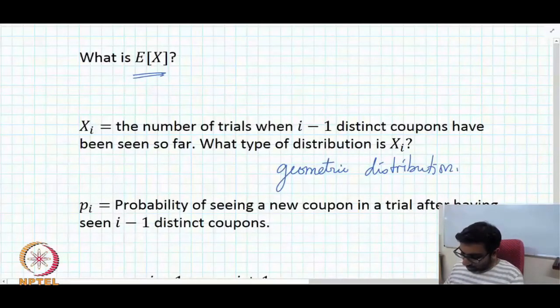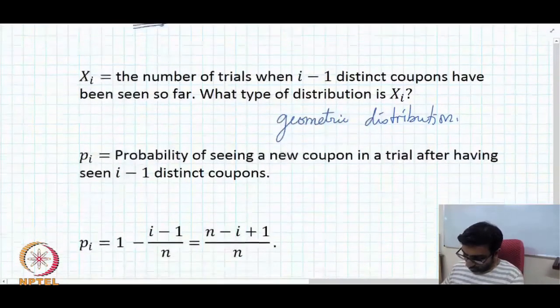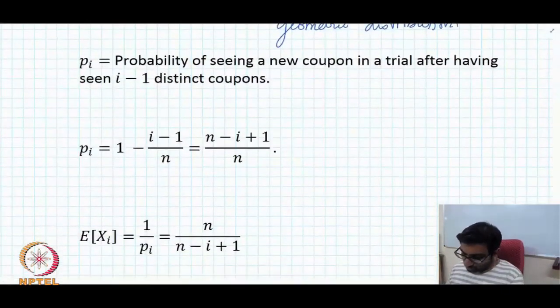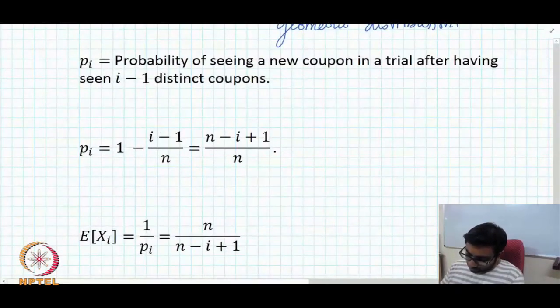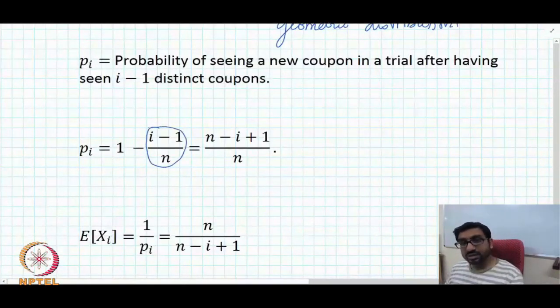Here the probability of success, pi, is the probability of seeing a new coupon in a trial after having seen i minus 1 distinct coupons. So what is this pi? Well, let's first look at the probability that you will see a coupon that you've already seen before.